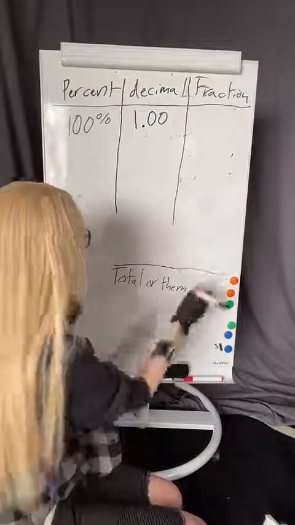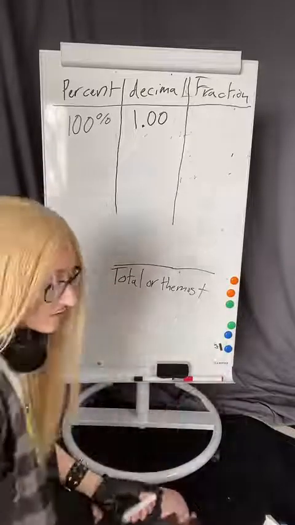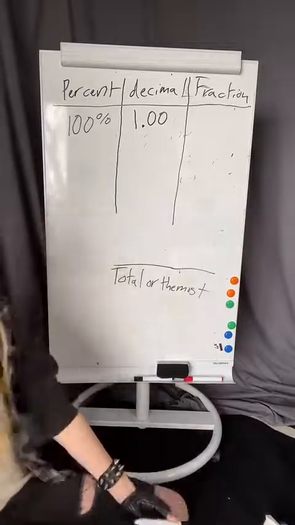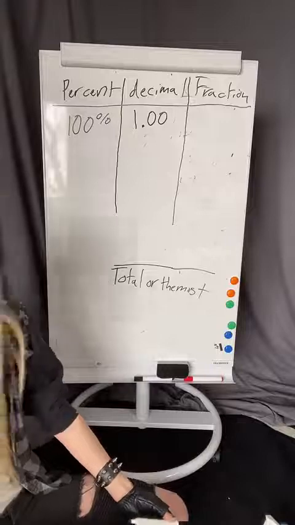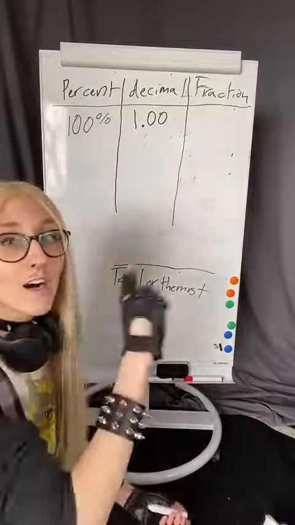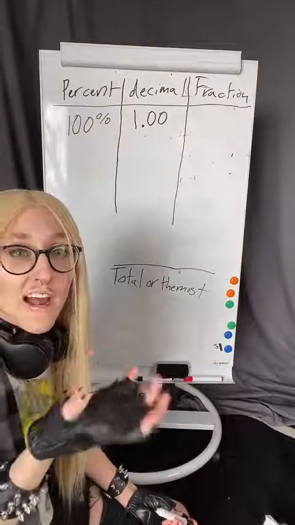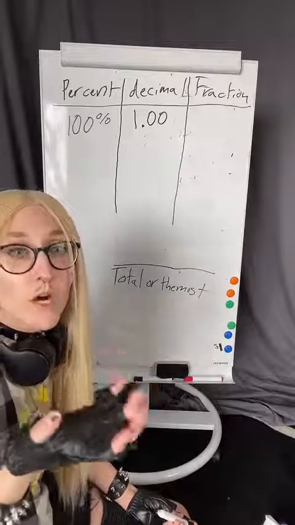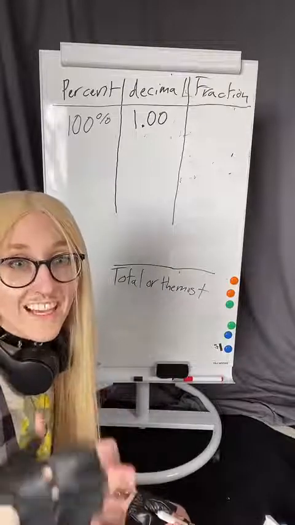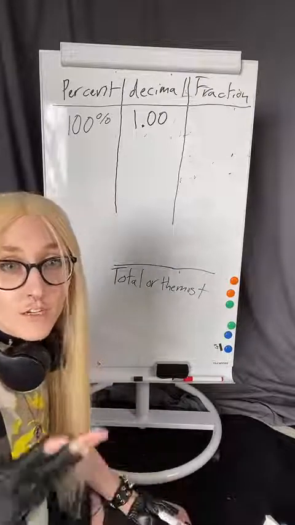Like, what is this out of? The bottom of a fraction, and I'm sorry I keep leaning over, my nose is running. It's my contacts. The bottom of a fraction is saying, what do I have all together? What's the most? What's the whole thing? How much is it out of?